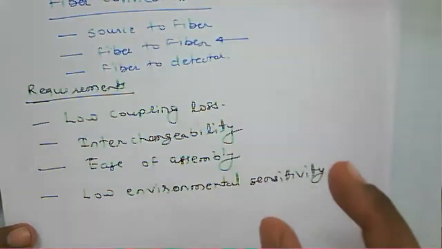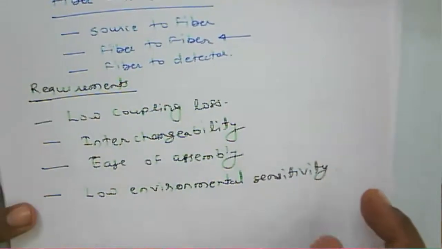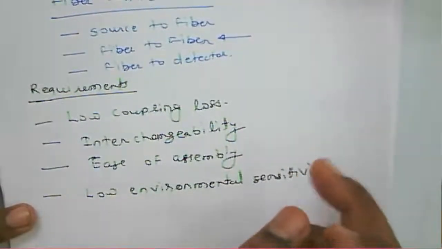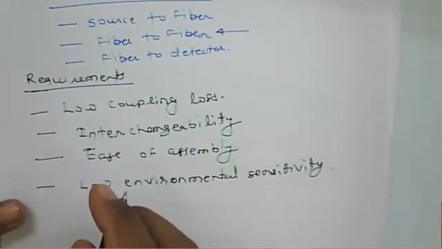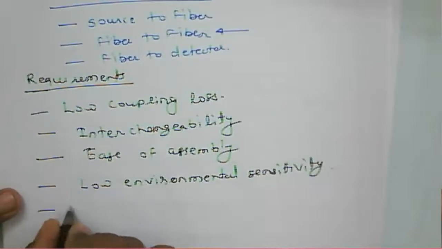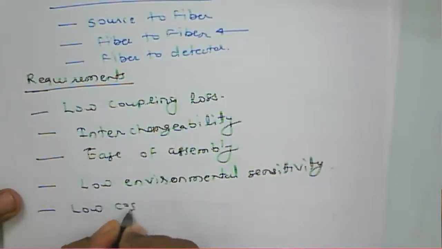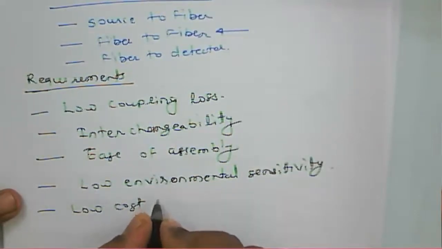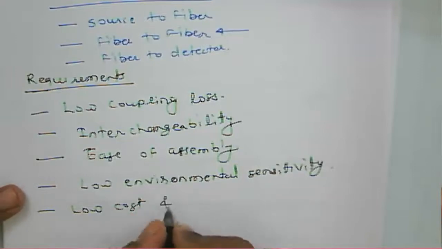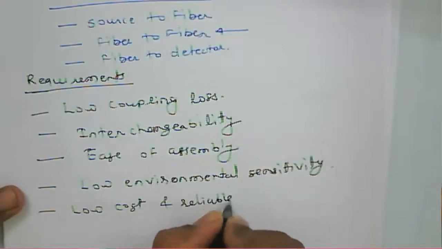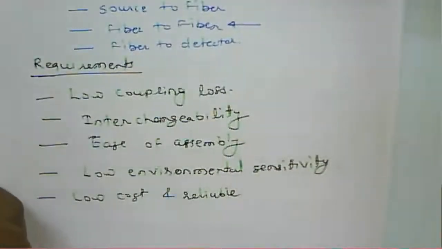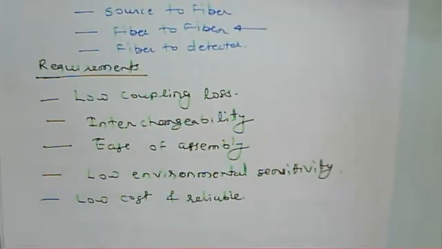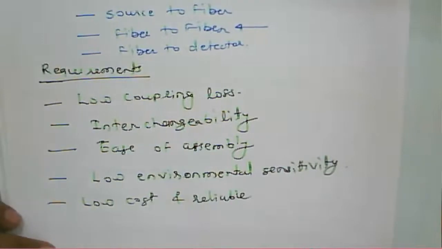Loss generally depends on these factors, but they should not affect the connector. And last, it should have a low cost and be reliable, meaning it will work for a longer duration. That is about reliability.